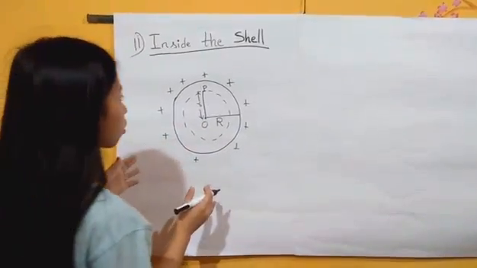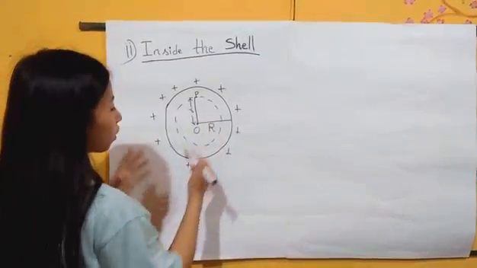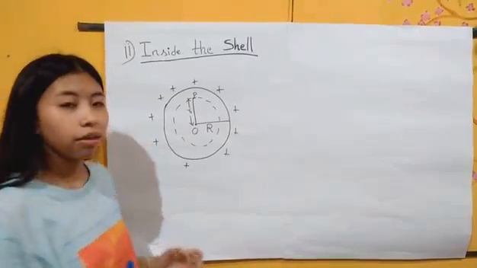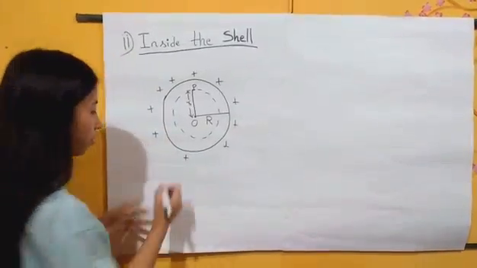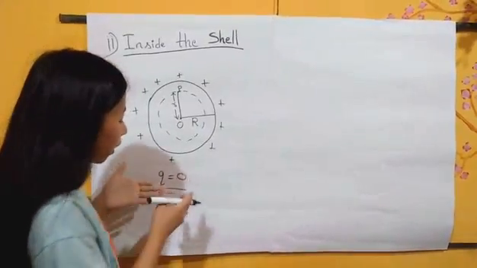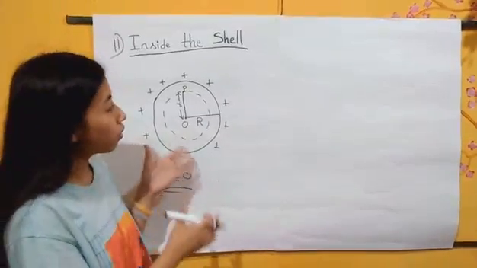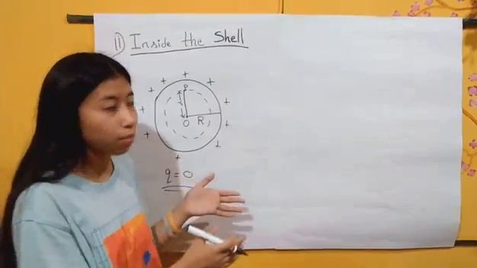As we can see, there is no charge inside the surface, but only outside the surface. So it basically means Q is equal to 0. So we can apply Q equal to 0 in the previous equation, equation number 4, and we can find the electric field inside the spherical shell.